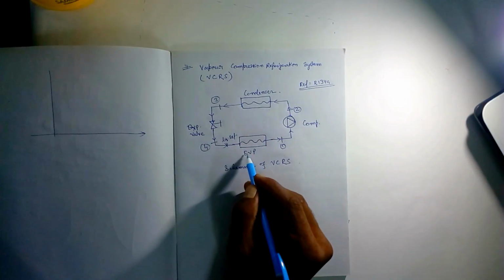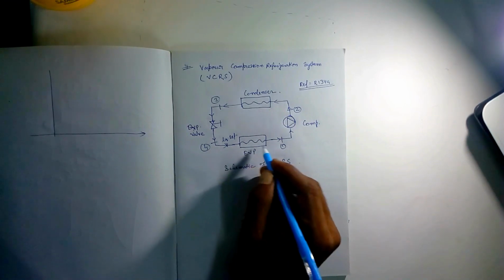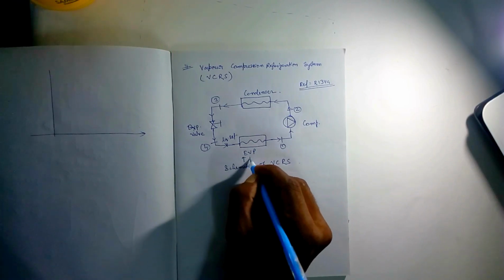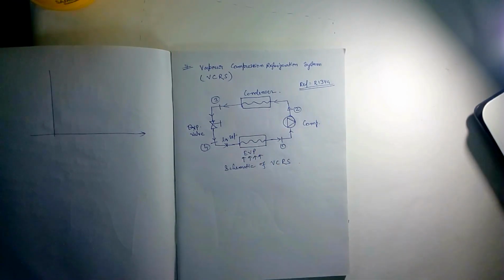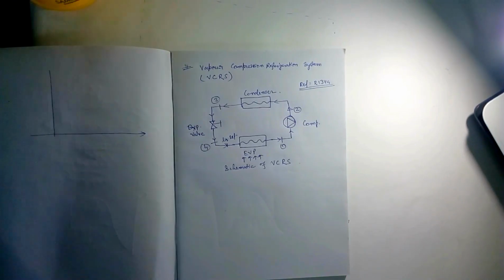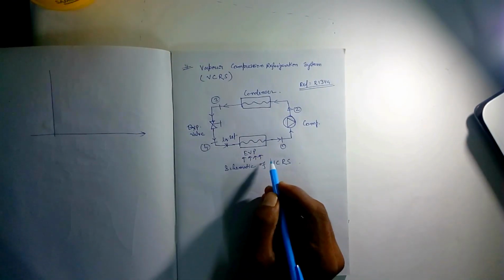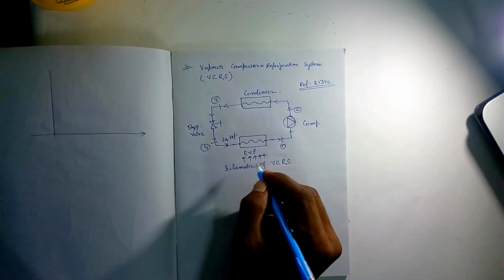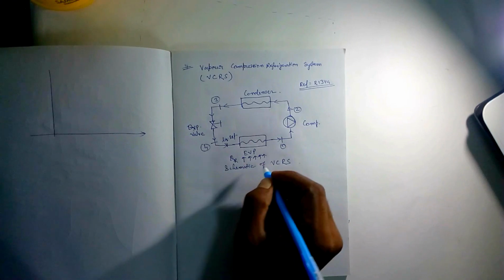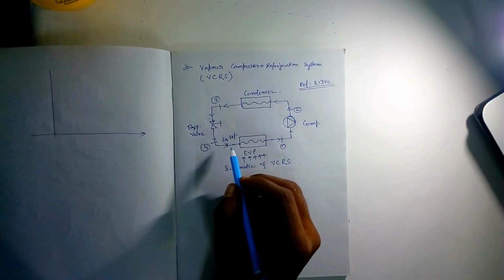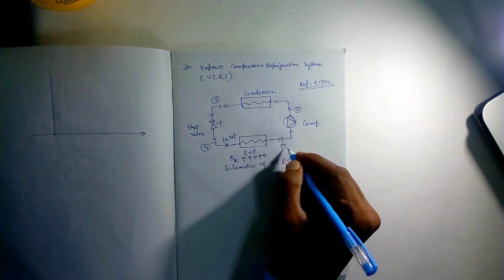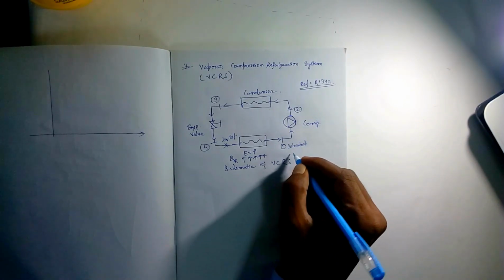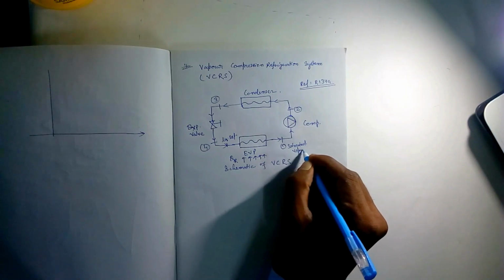When liquid refrigerant enters the evaporator, it takes heat from the refrigerated space. Suppose this is QR, the heat taken from the refrigerated space. By taking heat, this liquid refrigerant is converted into saturated vapor refrigerant.